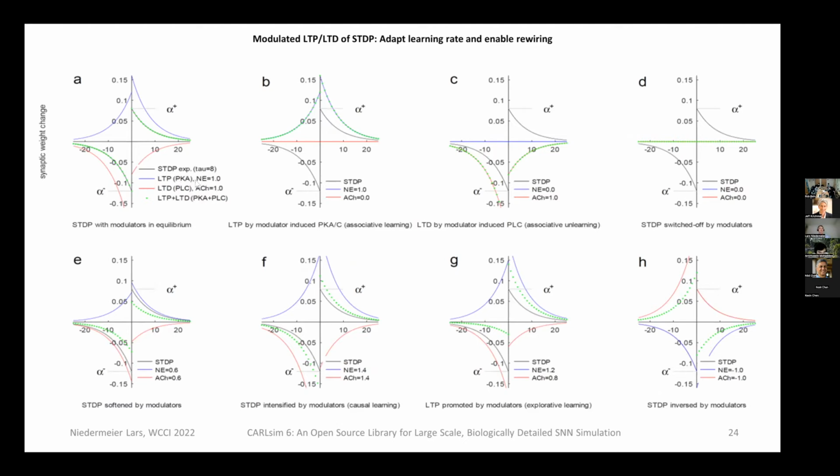For instance, here we have norepinephrine at 1 and acetylcholine at 1, then it's equilibrium, and it's a standard STDP curve. However, if you set acetylcholine to 0, you have another STDP curve that is also known and was observed, but it was so far statically configured.